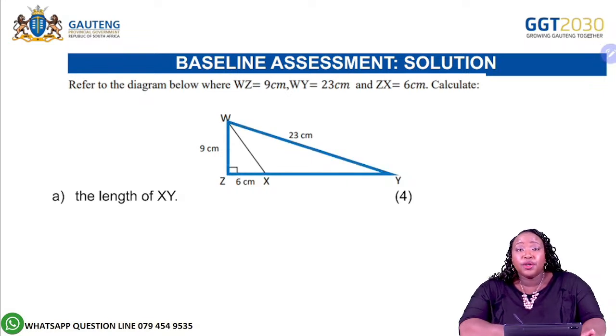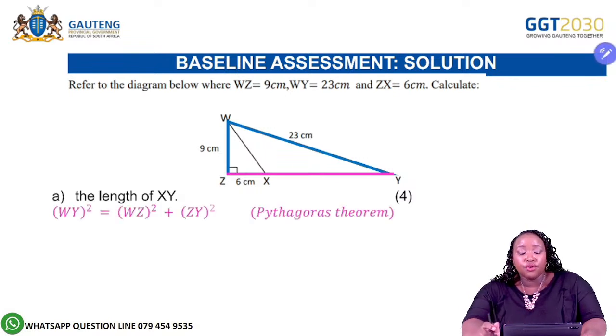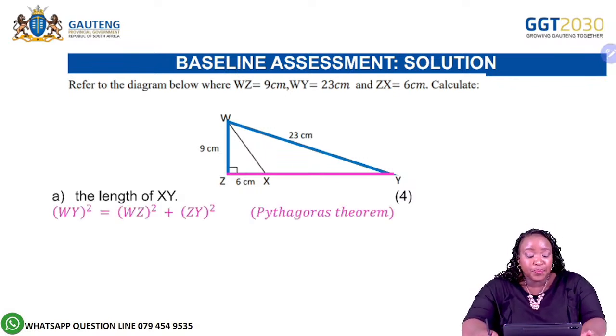So the first thing we're going to do is use the right angle triangle WZY, right, to find the side ZY. It's a right angle triangle. As soon as I say that, you should be thinking about the theorem of Pythagoras. Yes. So you first find the missing side.